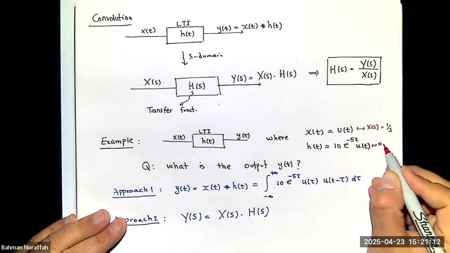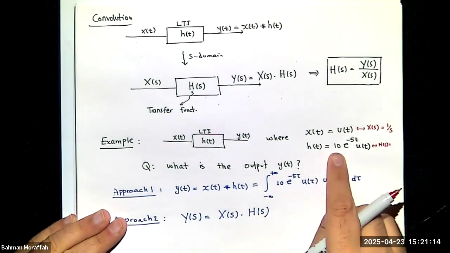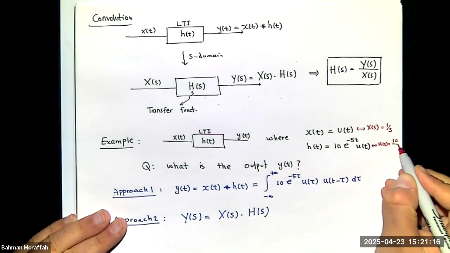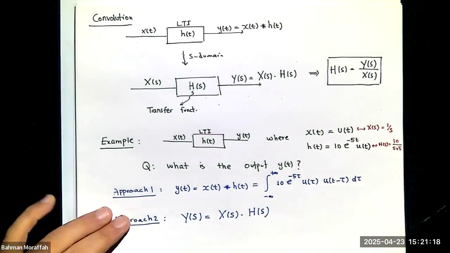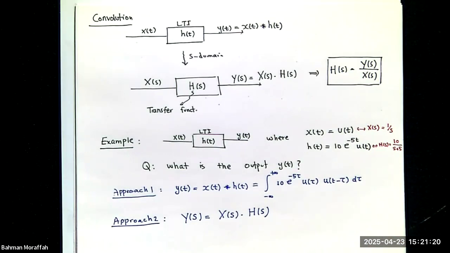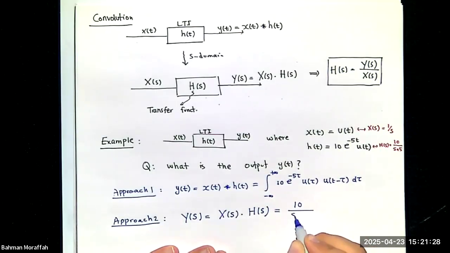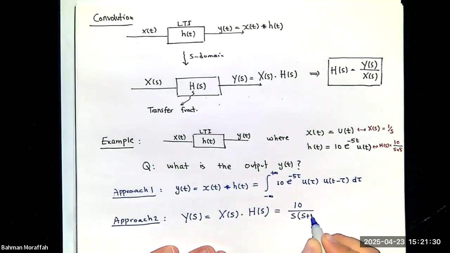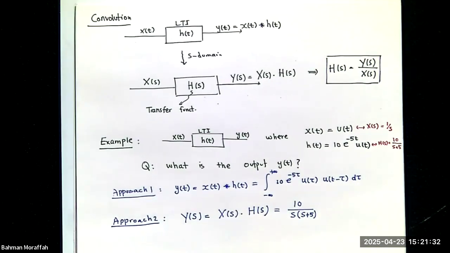H of s is the Laplace transform of h of t, which is 10 over s plus 5. We know it from the table. Right? So what is y of s? Well, it is 10 over s times s plus 5. Right? I have to multiply out these two.